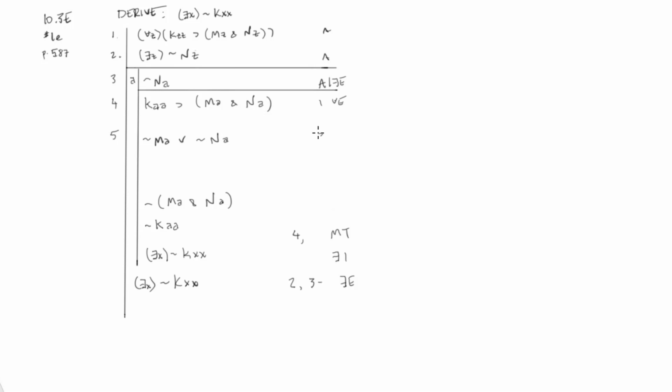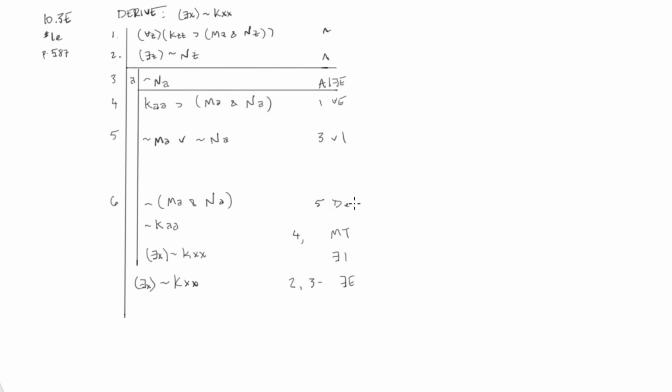That's line 3, wedge introduction. Wedge introduction says if you already have a sentence, in this case we already have the negation of NA, then we can disjoin it with any other sentence we want. Obviously, not MA is going to be convenient for us because we can take line 5 and we actually get line 6 by De Morgan's on it.